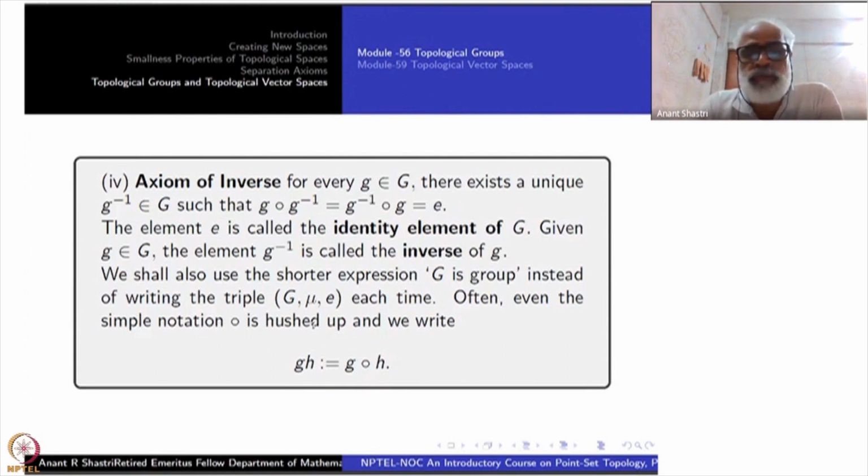Often, even the simpler notation is composite. Instead of mu of G H, we write G circ H. But most often, when there are no other compositions, we will just write it as GH. If there are two, three compositions, then we have to distinguish. You can't write all of them as GH. Even when there are two different groups, one a domain and another a codomain, we use the same GH here and G prime H prime there to mean that we have to take the corresponding multiplications from G and G prime respectively.